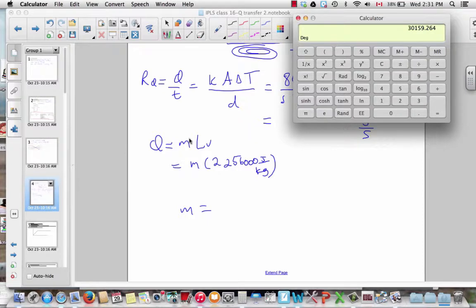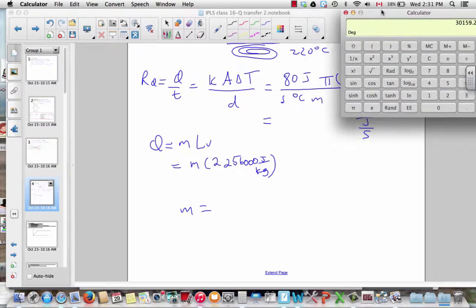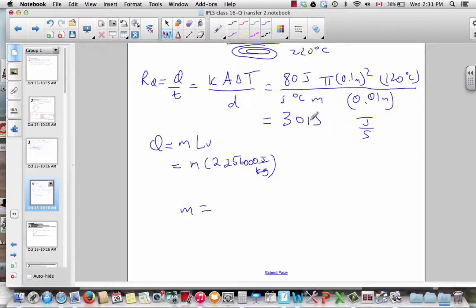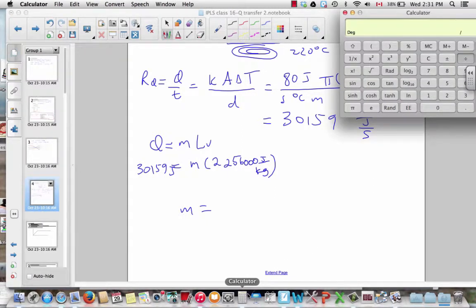So we see that the amount of thermal energy transfer is 30,159 joules each second. So in 1 second, it's 30,159 joules. We divide by the latent heat, and this will convert from joules per second into kilograms per second.